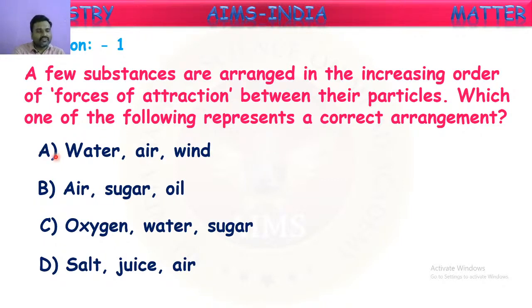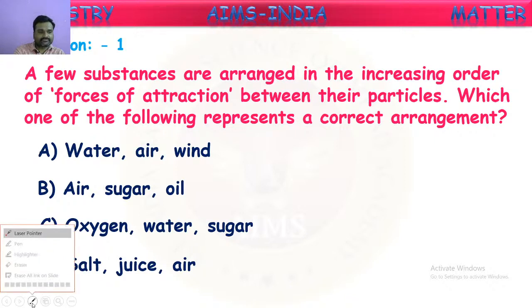Now if you observe the first option, water is a liquid, whereas air is a gas, and wind is also a gas. So liquids have greater attraction than these gases. So it is not the increasing order.